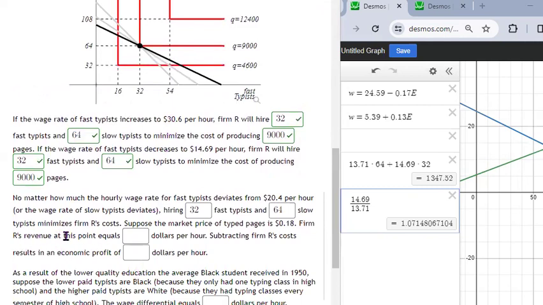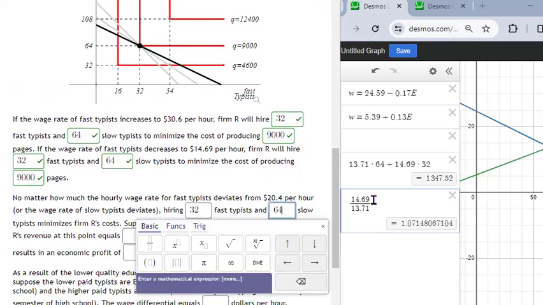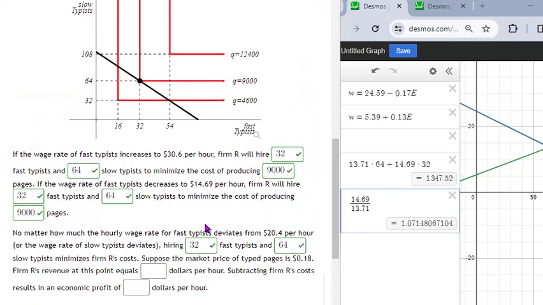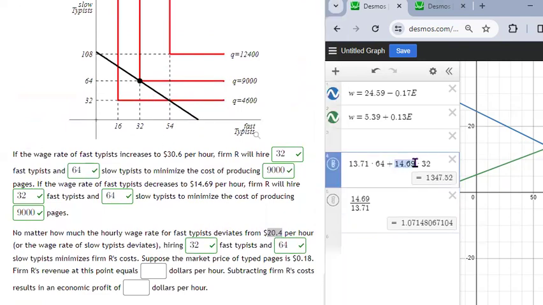Firm R's revenue at this point equals what? So let's go ahead and hit enter here. We're back to the original iso-cost line with the wage of $20.40 per hour for the fast typist, $13.71 for the slow typist, right? So we're back to where we were initially.